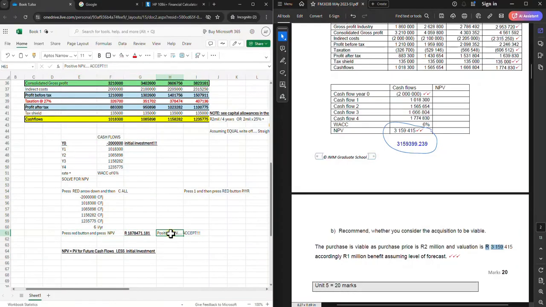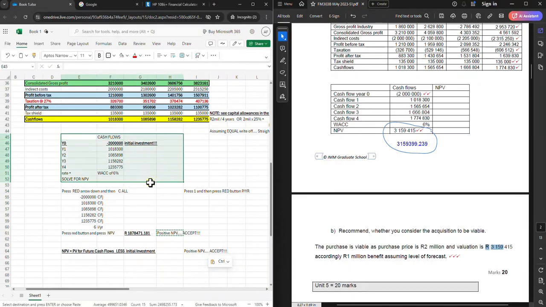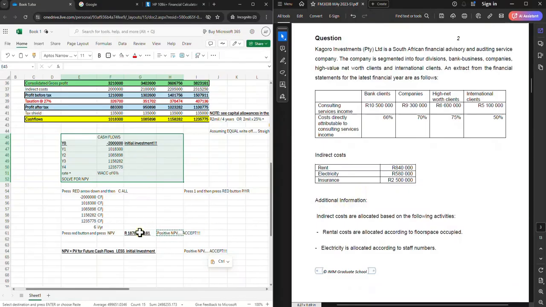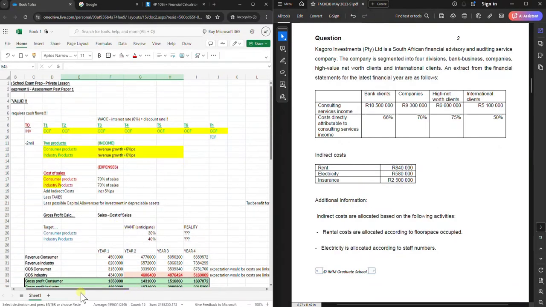So if it's positive, you always accept it. You don't subtract 2 million after you've got it. The 2 million is already there. It's already subtracted. It's part of the working. Make sense? Makes sense. Okay. 100%. All right. Happy with this question? Cool. Yeah, very happy. Thank you.